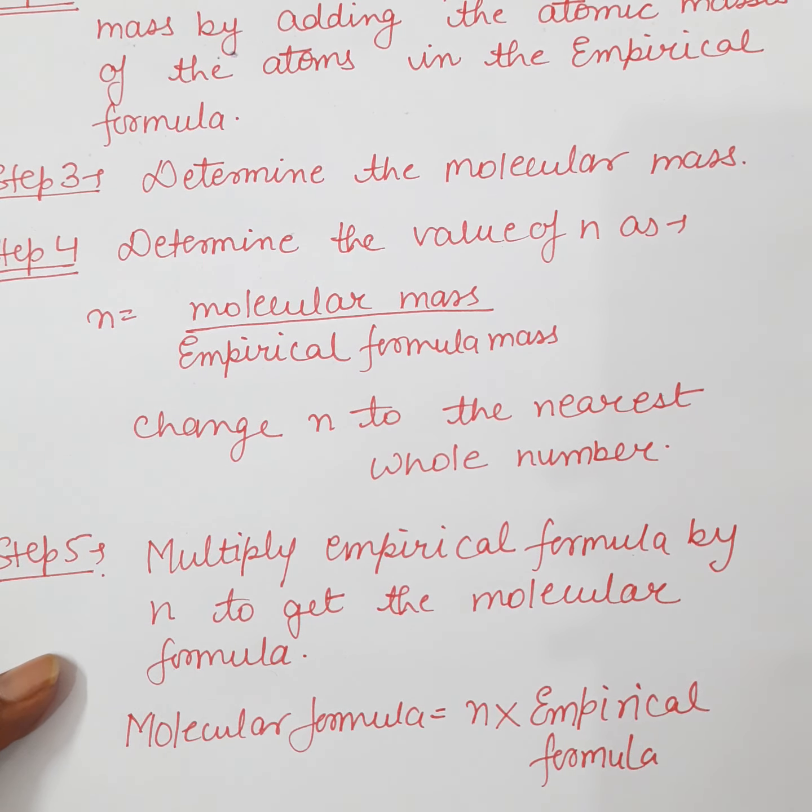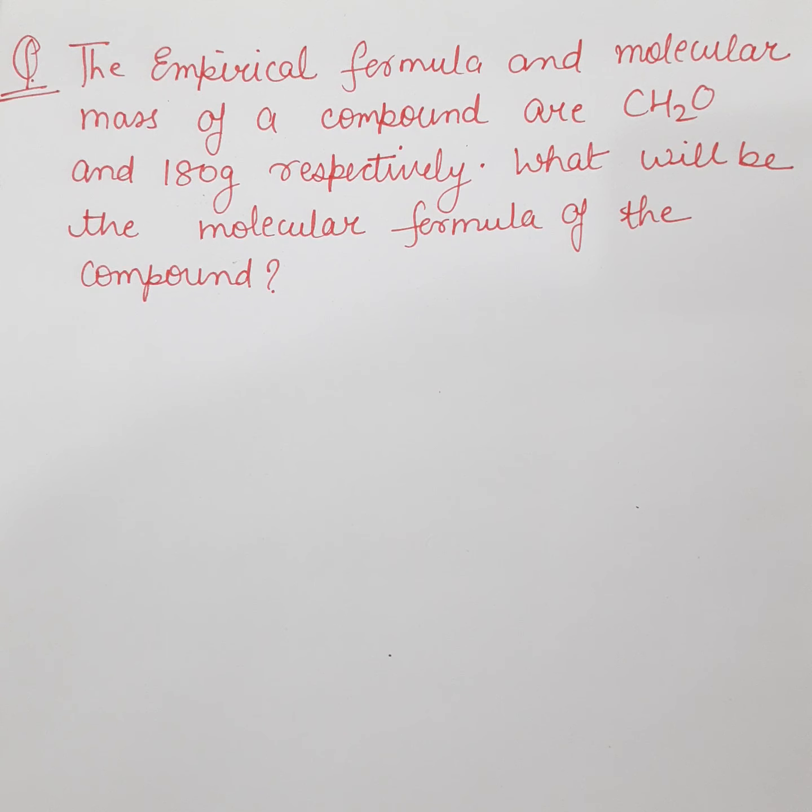Now I am going to tell you how to calculate it. Let's take an example. The question says, students, that the empirical formula of a compound is CH2O, and the molecular mass is 180 grams. What will be the molecular formula of the compound?